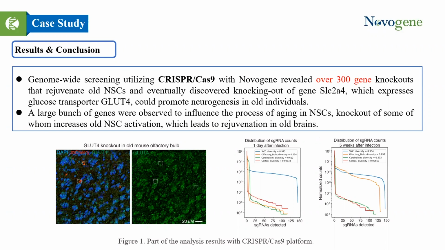And they also gained a conclusion that the process of aging in neural stem cells could be influenced by some specific genes. Knockout of some of them increases old neural stem cells activation, which leads to rejuvenation in old brains, which provided a possible therapy for the loss of neural cells in old brains.